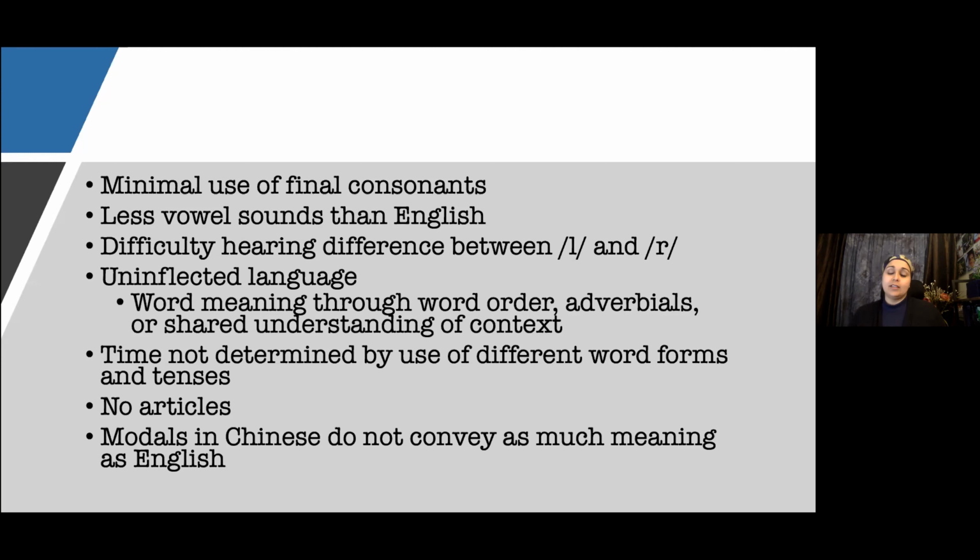They don't convey the same amount of meaning. So again, I get so many referrals that the child is being rude, the child is being abrupt in their speech, they have no manners. These are all things that I've heard and have been stated to me for students that are Asian, and it's really just because they don't have that meaning in Chinese as they do in English.